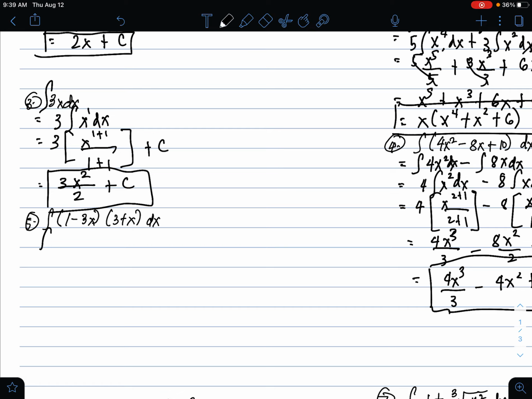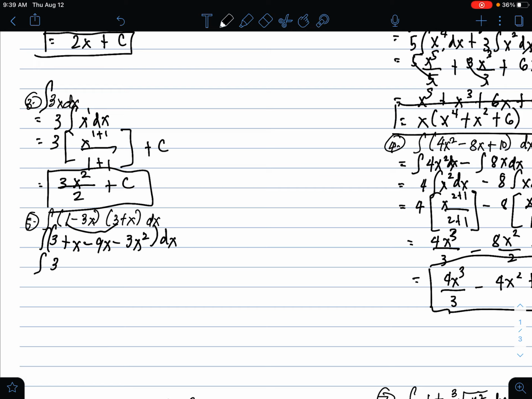So first is distribute, so that's 3 plus x minus 9x minus 3x². Okay, let's review if correct. 3 plus x minus 9x minus 3x². That is correct. Then close parenthesis dx.